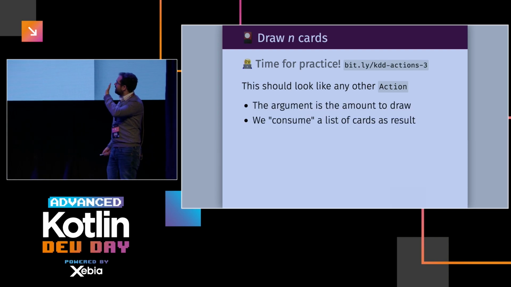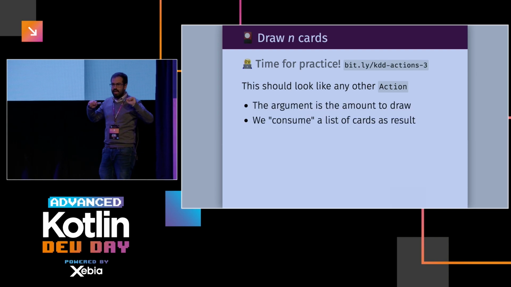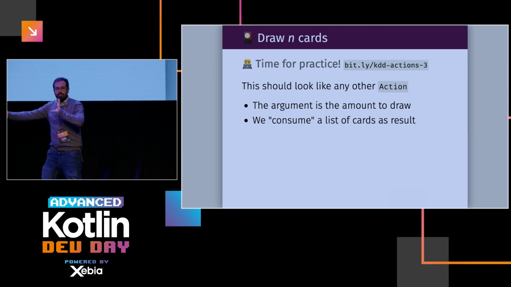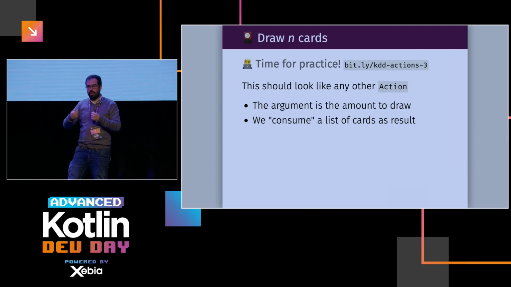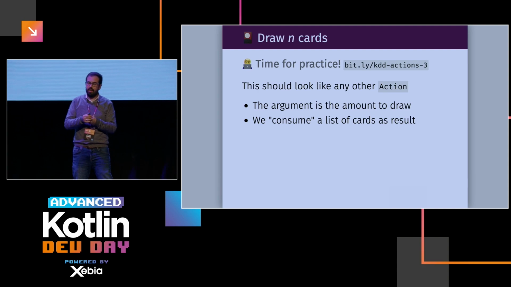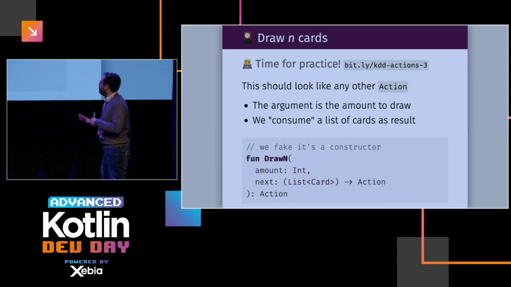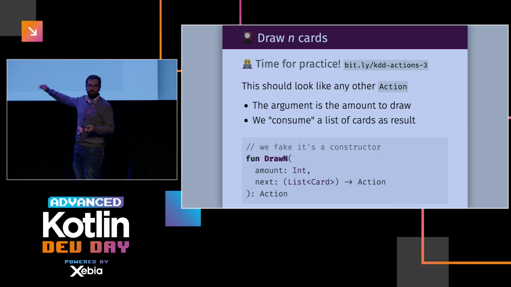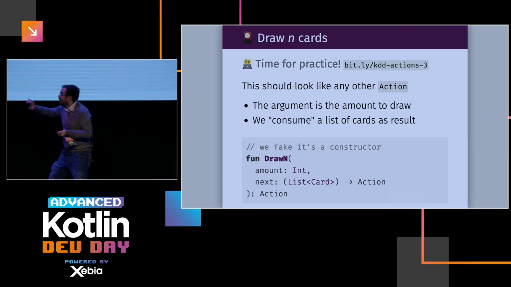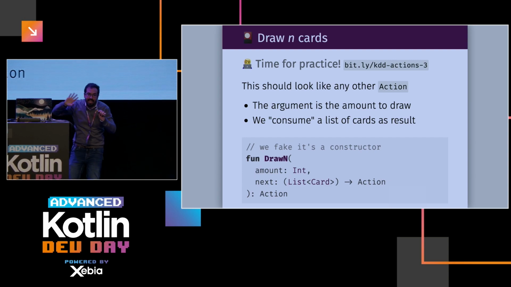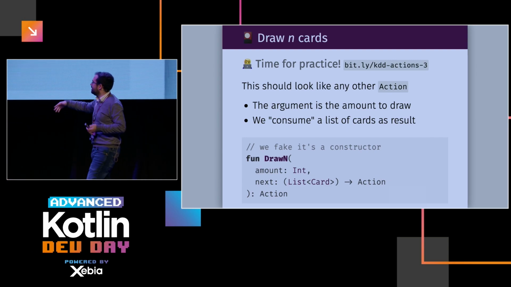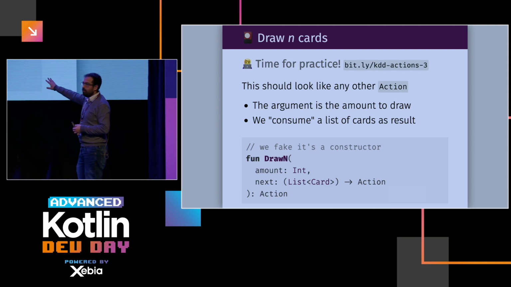So the idea is that the argument in this case should be the amount of cards to draw, and what you get back, in the same way that when you draw one card you get one card, is a list of cards. So we would like to write this function. And we can fake it as a primitive action by using a capital D, because everything that starts with a capital is a constructor, even though it isn't. So it should look a bit like this.